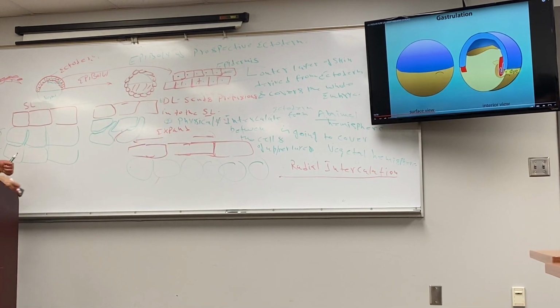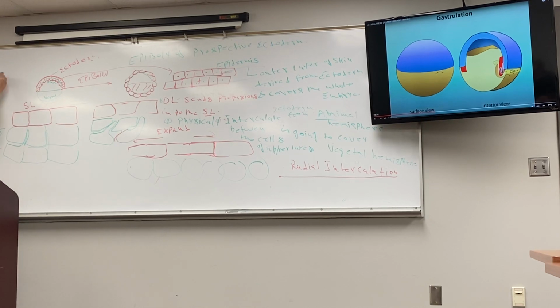So what is happening? Two things are happening here. If you had the cells like this, they have increased the number, that means more cells. Think about it: in this layer, you initially started with 3 cells, and this is your embryo, right?